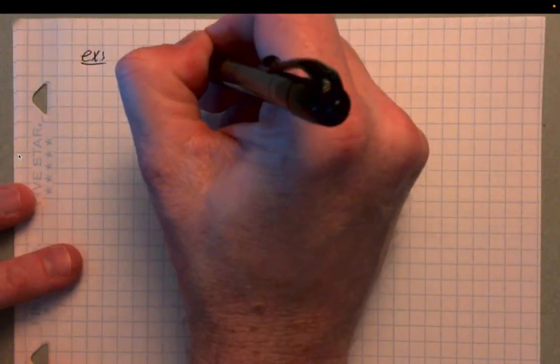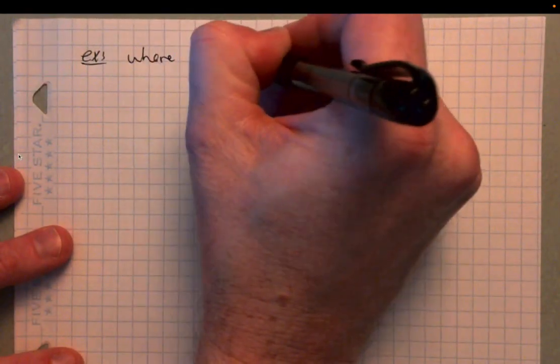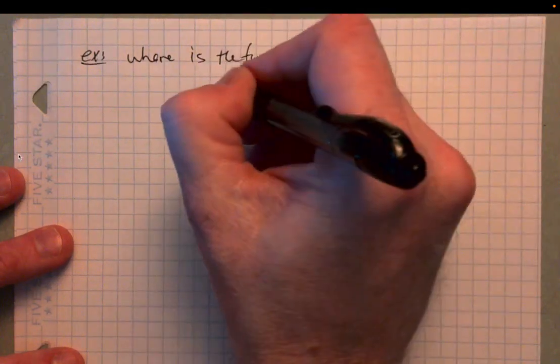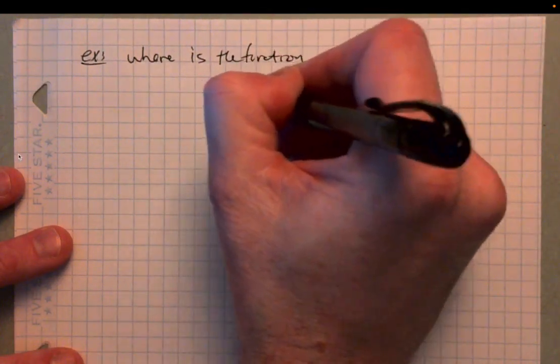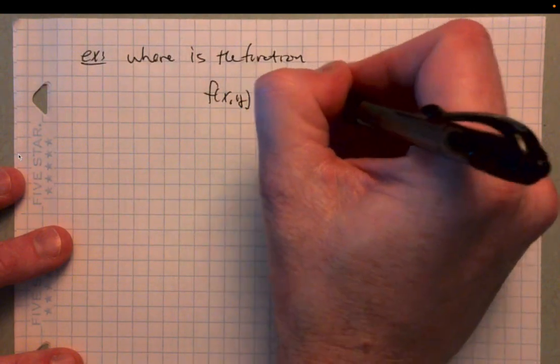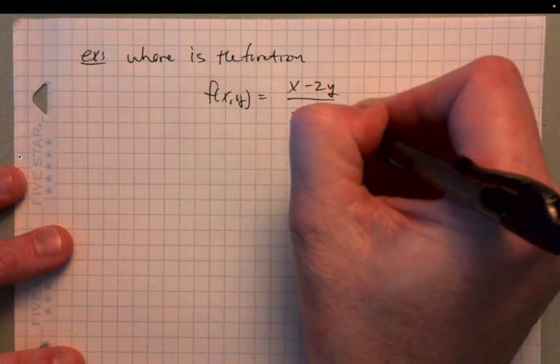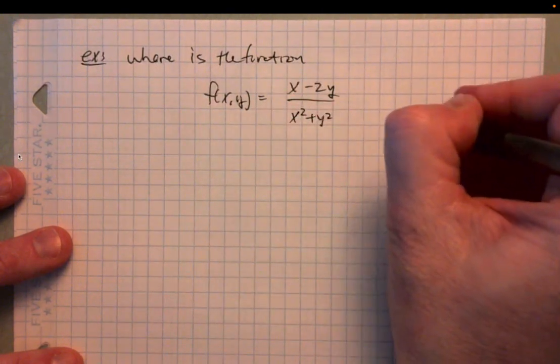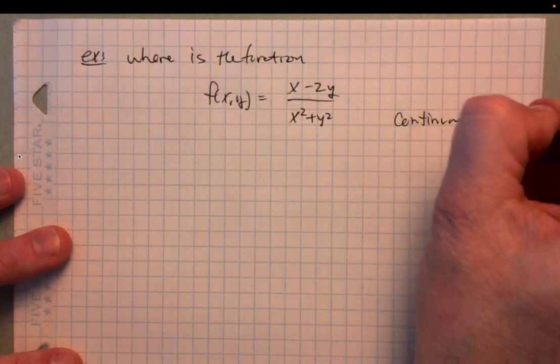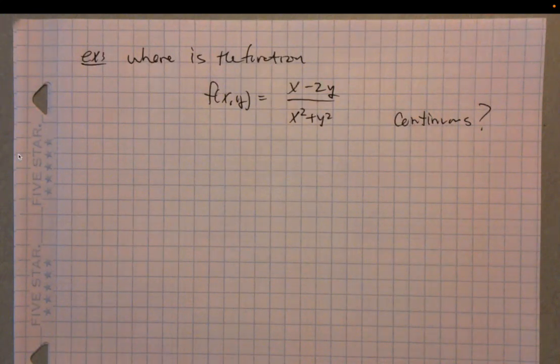But let's talk through one more example, a shorter one. Given a function, where is it continuous? Where is the function f of (x, y) equal to (x minus 2y) over (x squared plus y squared) continuous?